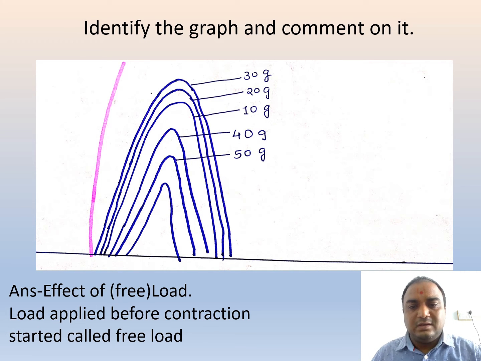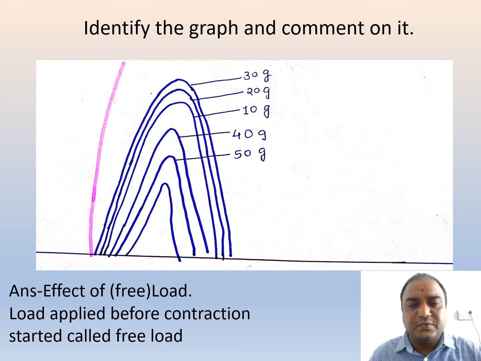Identify this graph and comment on it. You can see some grams, so you can say it is related with weight. So it is a graph of the load, or the effect of preload. Now how to decide preload and afterload? This is a simple muscle twitch; when we apply a 10 gram weight, then 20 gram, there is an increase in the height, then 30 gram, there is an increase in the height, but after that a gradual decrease in the height.